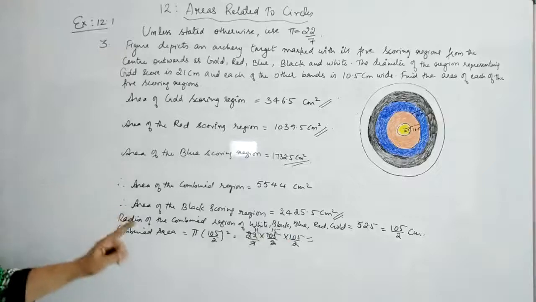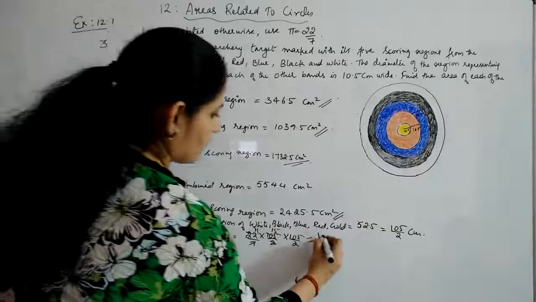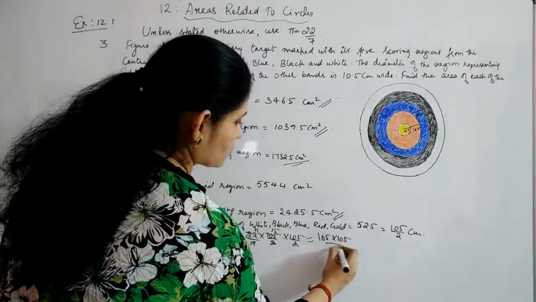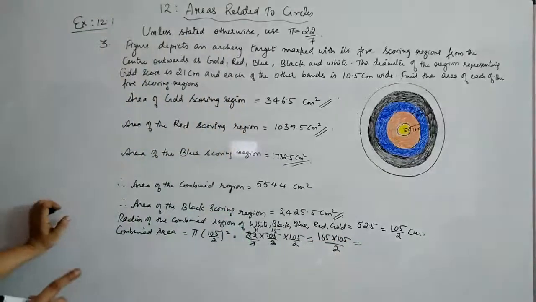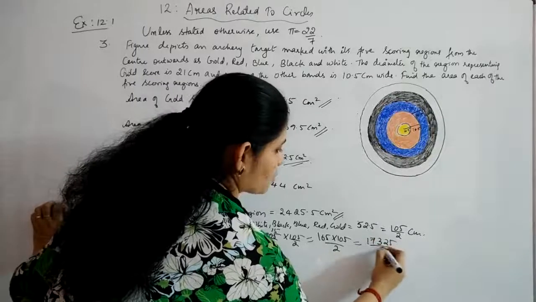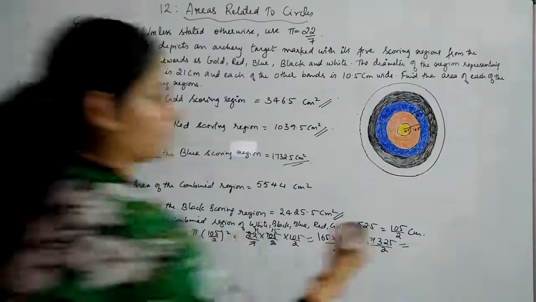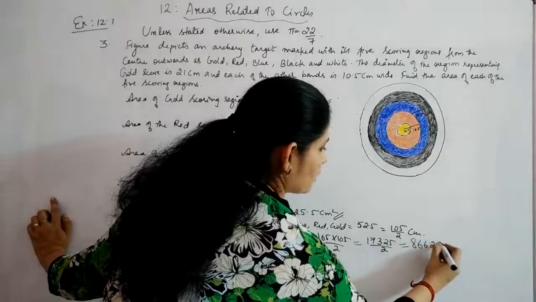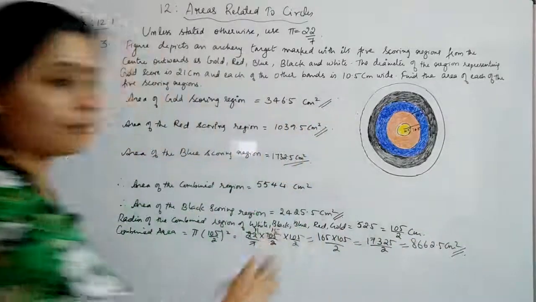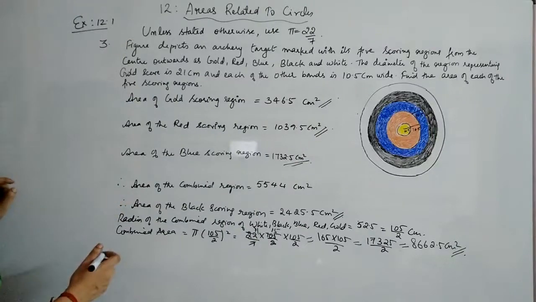So you have 15 into 11 into 105. 15 into 11 will give you 165. 165 into 105 by 2 gives 17325 by 2, which is 8662.5 centimeter square. This is the combined area.